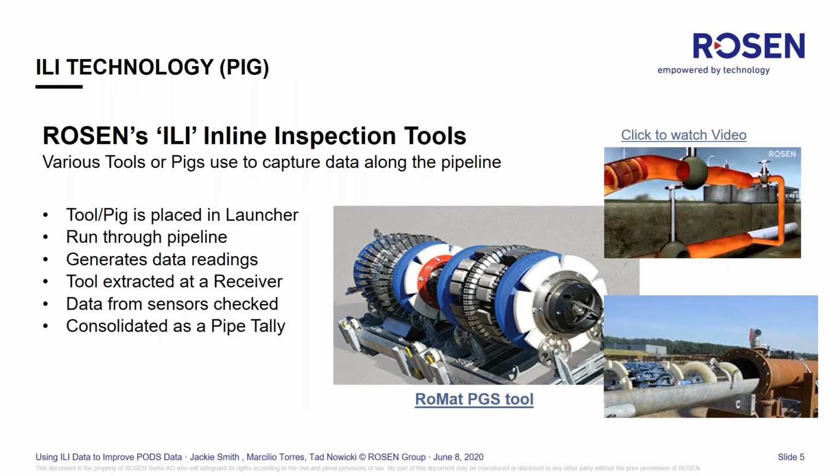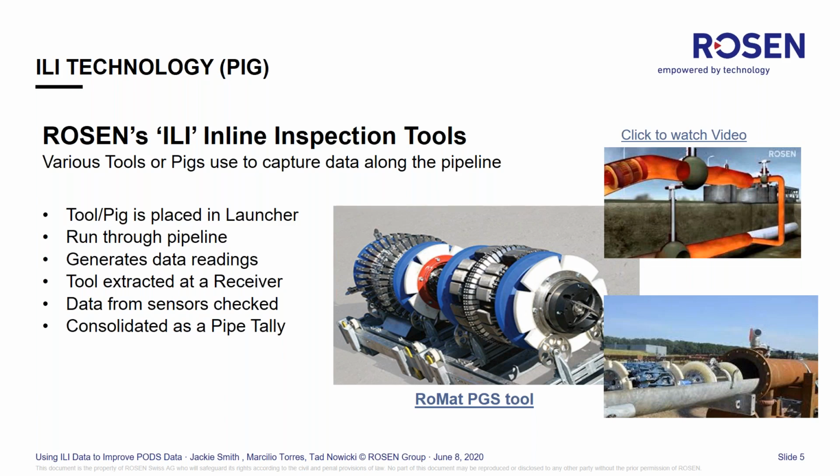So this is where the ILI technology, or the PIG, would come in. We can use ILI technology, which ILI stands for inline inspection, as a form of non-destructive testing approved by PHMSA. So we heard about PHMSA in Julie's slides. They're our regulatory authority in the United States.